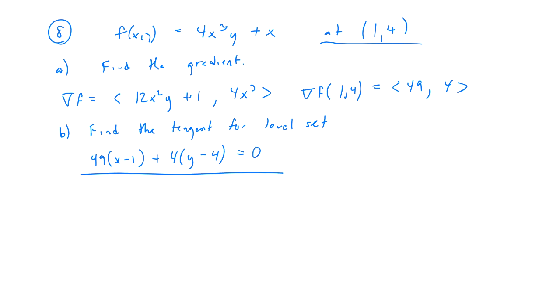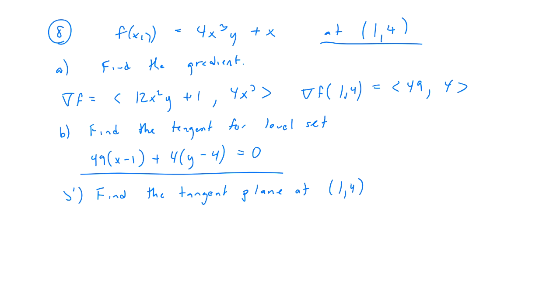So I do a related question, which wasn't specifically asked, but comes up in part C. B was find the tangent line for the level set through the point 1, 4. B prime is find the tangent plane at the point 1, 4. So here, not for the level set, just for the three-dimensional surface.